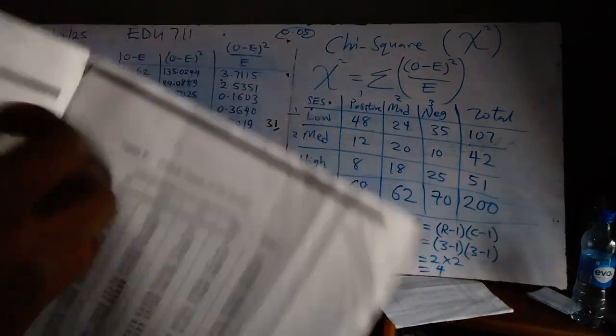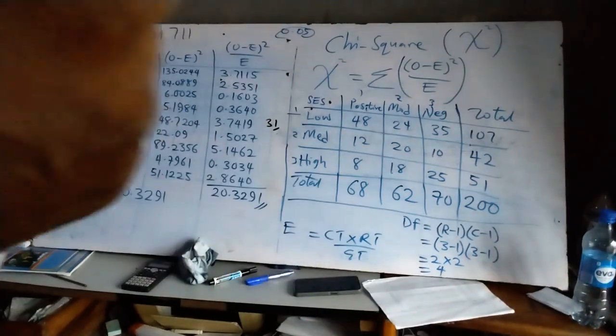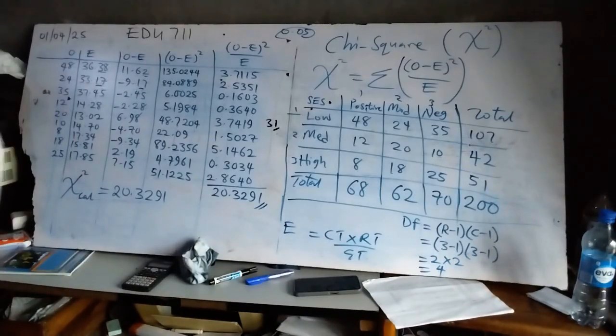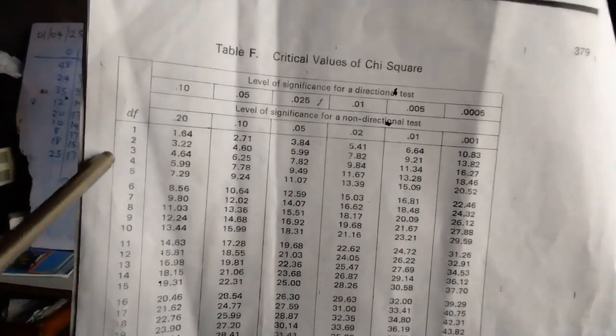Yes, here it is. We have our chi-square from here. You can see that this is the degree of freedom.